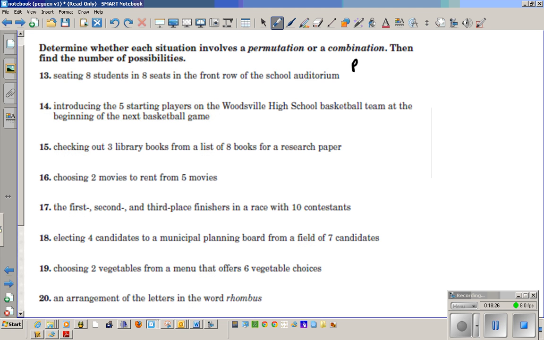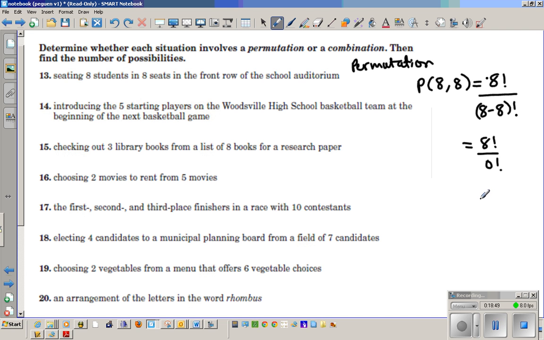So this is permutation, and to solve this, you're simply going to go P(8, 8), which is going to be 8 factorial over 8 minus 8 factorial. That's going to be 8 factorial over 0 factorial, and you can work that out. Remember that 0 factorial is 1.